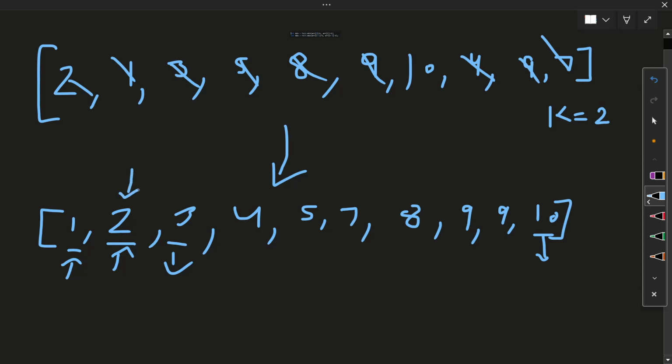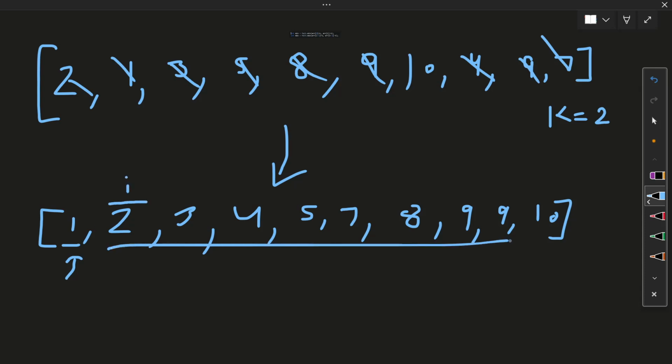Let's try to find out. We will start at position 1, and we increment all the values. This is the ith value, and from i till n minus 1 I will increment all the values. We don't need to increment, we just need to find out the value.